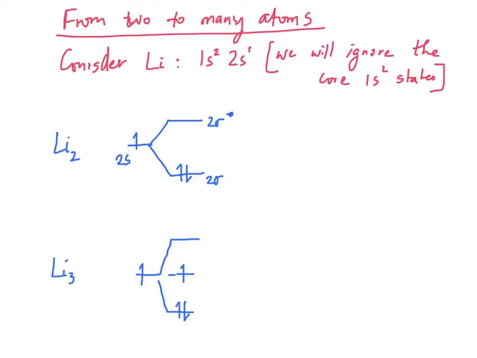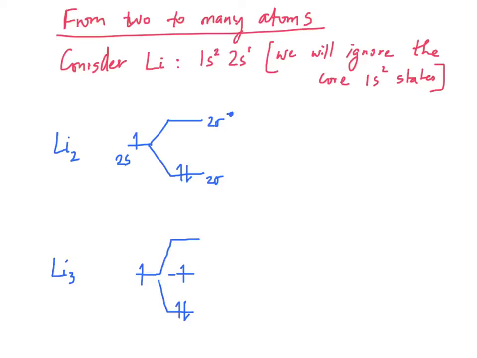Each lithium atom comes with one 2s level, and there are 3 such atoms, so the molecular orbital picture has to include 3 levels, which is why you see these 3 levels, 1, 2, and 3. You have 3 electrons to place in these 3 levels. You start from the lowest, place 2 electrons here, then 1 here, and the top one is empty. That is the situation with the lithium 3 trimer.